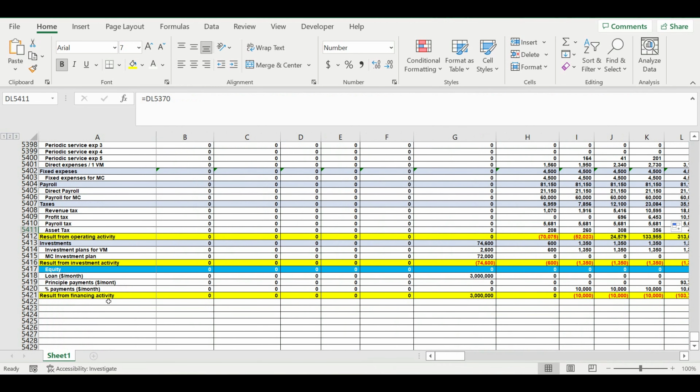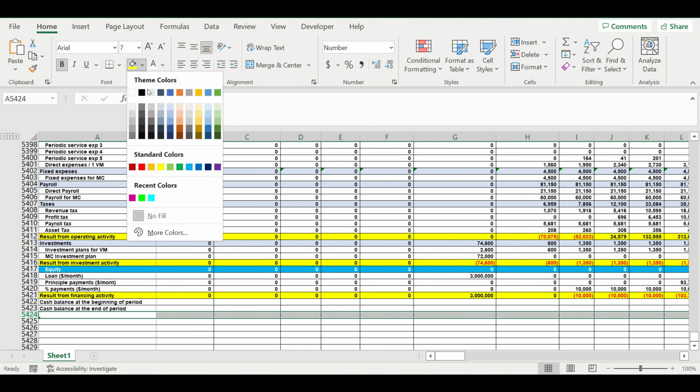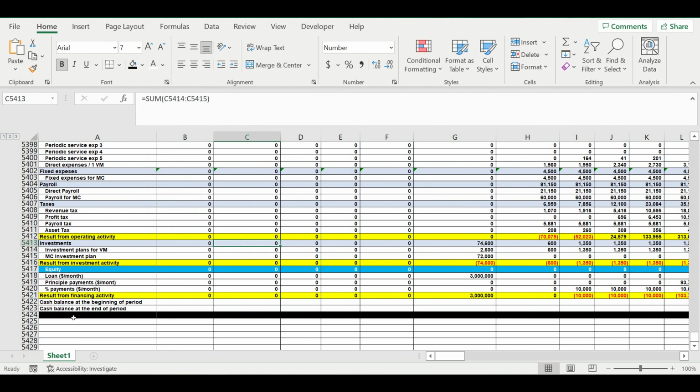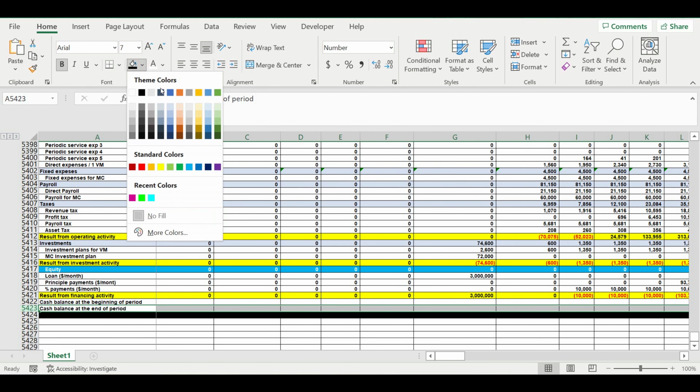Now we are calculating cash balance at the beginning of the period, and finally we have cash balance at the end of the period, and this will be the final line of the cash flow statement.